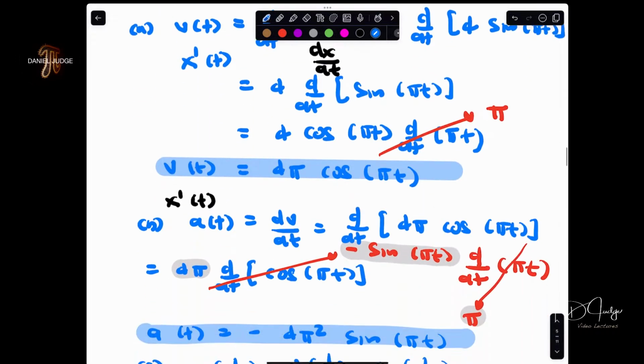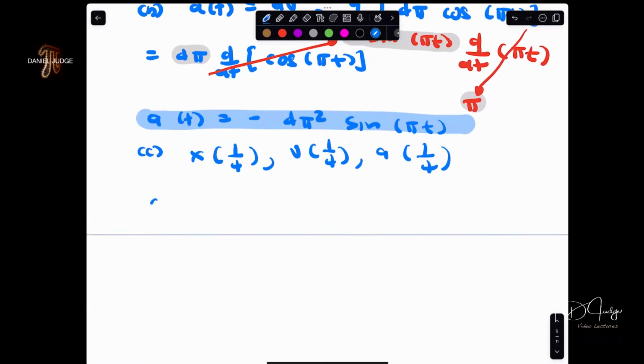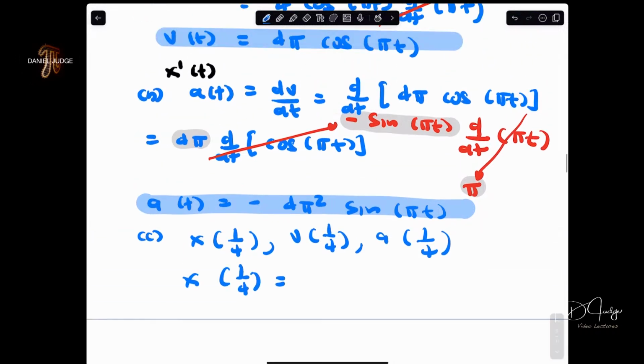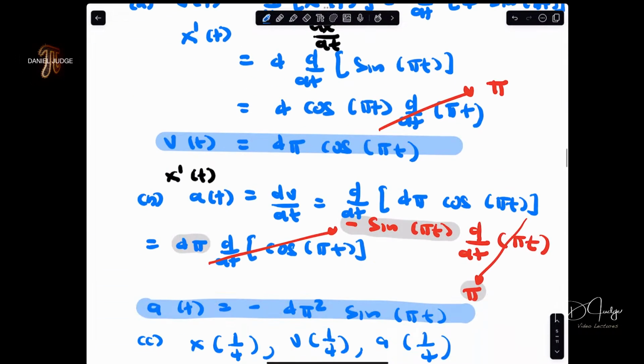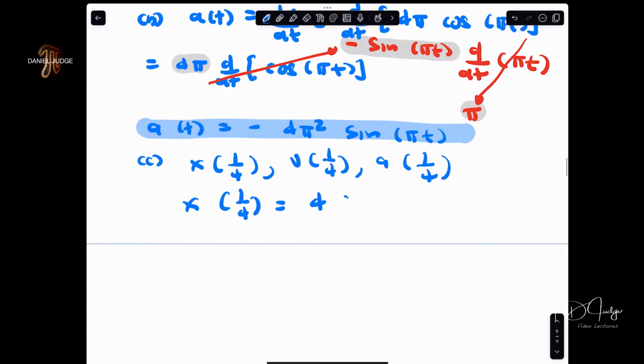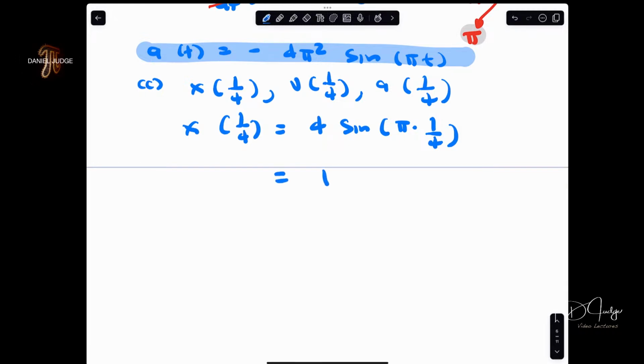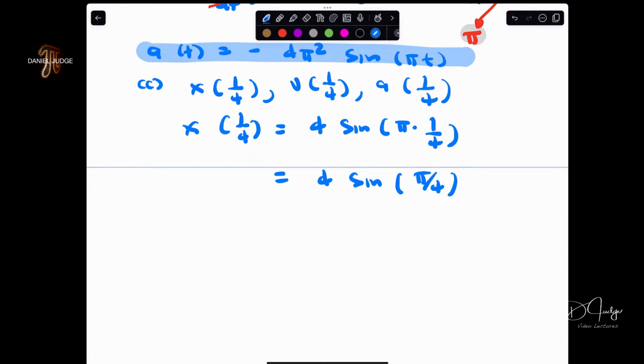Okay, so we get x of 1/4. I guess that's C. Well, what's the position again? 4 sine pi t. And what we get now is 4 sine pi over 4. Now, that's 45 degrees, ladies and gentlemen.